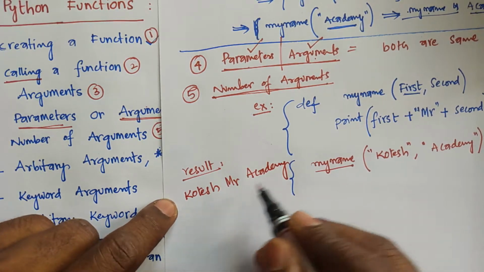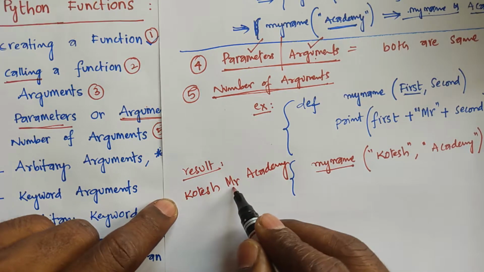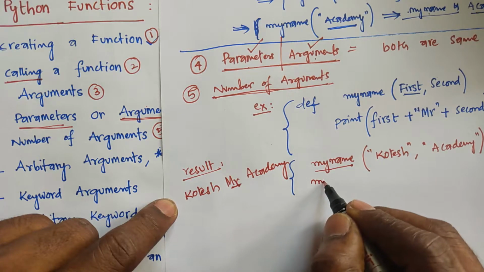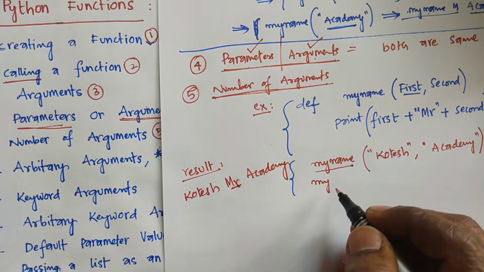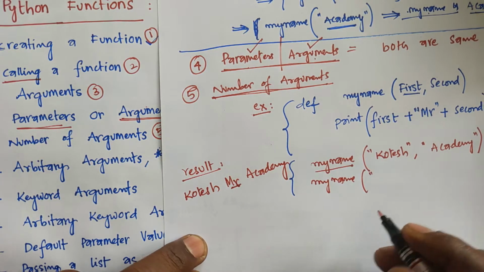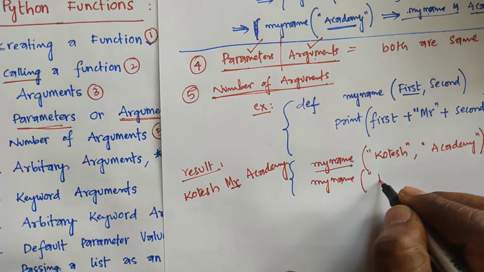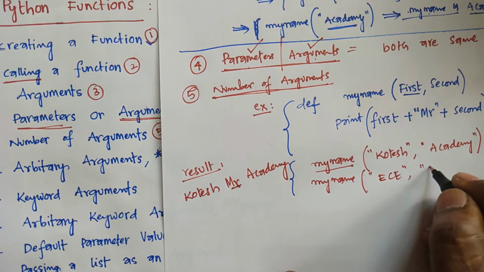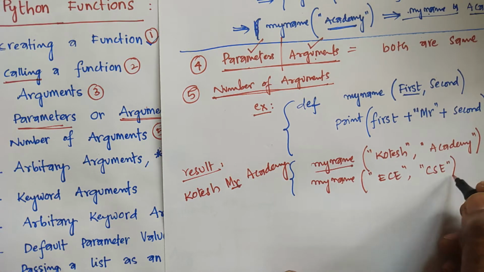Finally, in between these two we are adding Mr. For example, another function call with another parameters: my name in brackets, I am using ECE, and another one is CSE, like that.